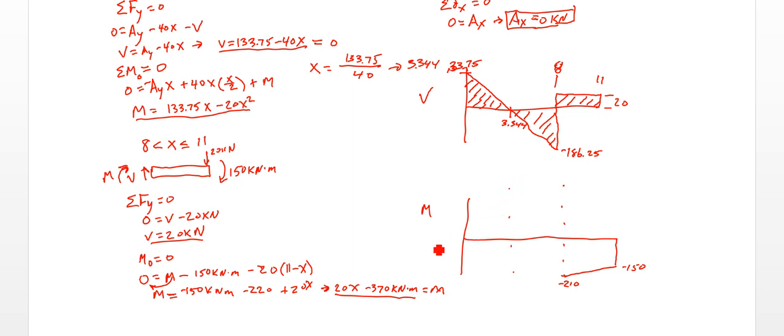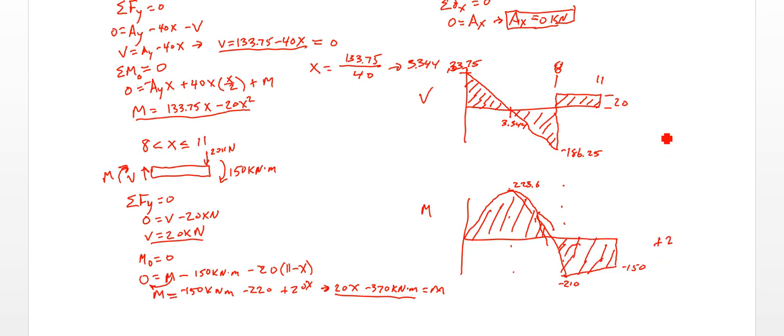So at 3.34, use this equation, plug that in, I get 223.6. So it's going to be more of a curve. Sorry about the pen here. So something like that, where it's shaded in here. So there's my bending moment.